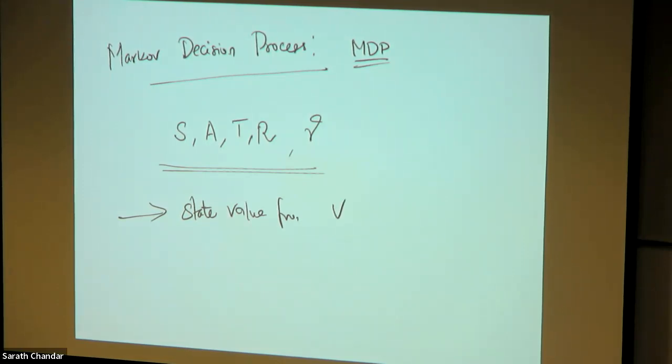V functions take a state and tell you how useful the state is. The usefulness of the state is defined as the return that you could achieve by starting from this state. A state which leads to a better reward will have more value than a state which leads to, let's say, negative reward.